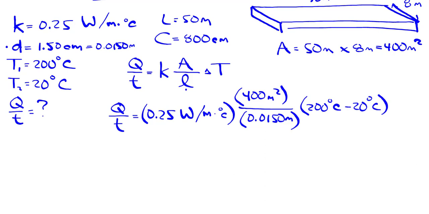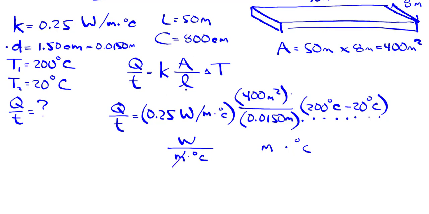Before we plug the numbers in the calculator, let's double check and make sure our units work out. Here I've got meters squared over meters, which will give us meters. This is going to be in degrees Celsius, the temperature change. And finally, you've got this watts per meter times degrees Celsius.